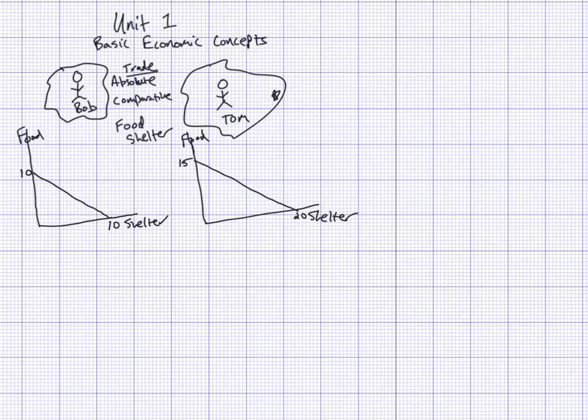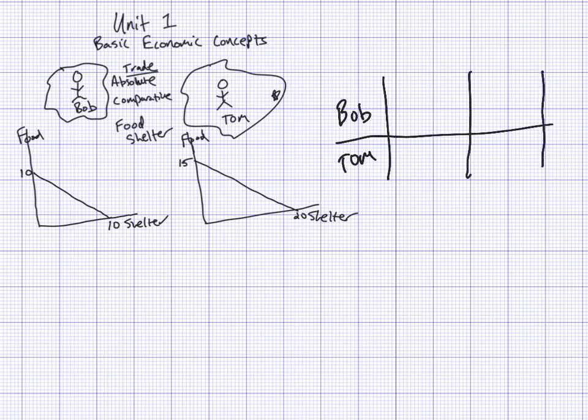So let's say that we have Bob, and this is Tom. And we're going to put this stuff into a little bit of a chart to show the different amounts that they could produce. So let's call this food and this shelter. And let's say we look at Bob's, right? So Bob, if he just produces food, he could produce 10.